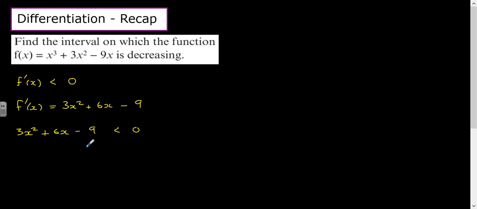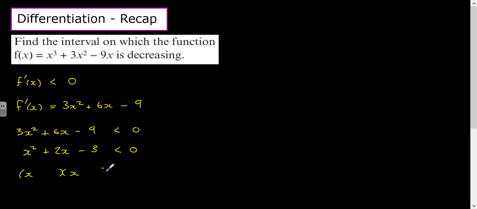Now we can simplify this down a little bit because we're effectively finding roots of a quadratic here and deciding whether to go left or right of them. Because this is less than 0, we can divide everything if possible to simplify our quadratic. So we can say this is x squared plus 2x minus 3, just dividing everything by 3. Then we'll check to see whether or not this can be factorized, and in fact it can be factorized.